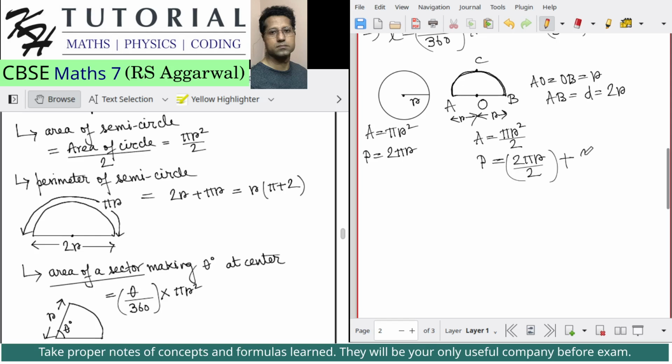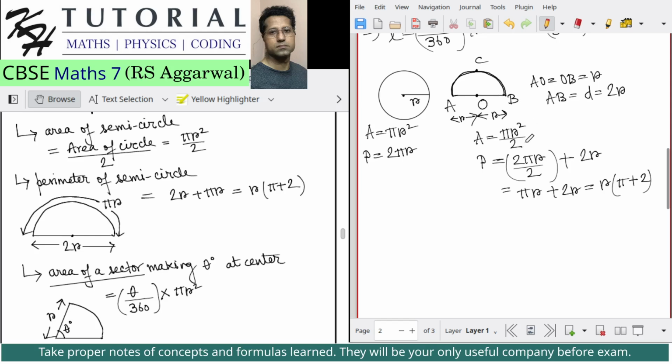The diameter is twice r, so the perimeter is equal to pi r plus 2r, which is equal to r multiplied by pi plus 2. So r multiplied by pi plus 2 is the perimeter of a semicircle of radius r. And obviously the area of a semicircle of radius r is pi r square by 2.